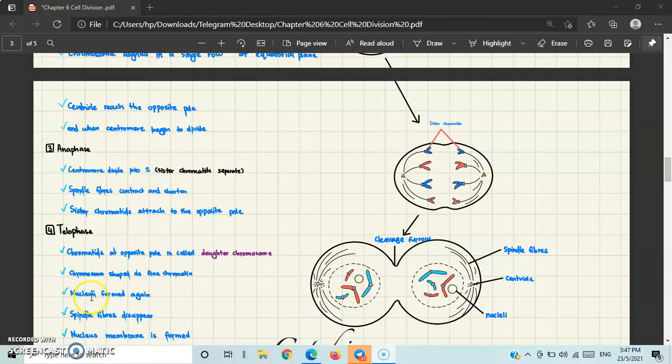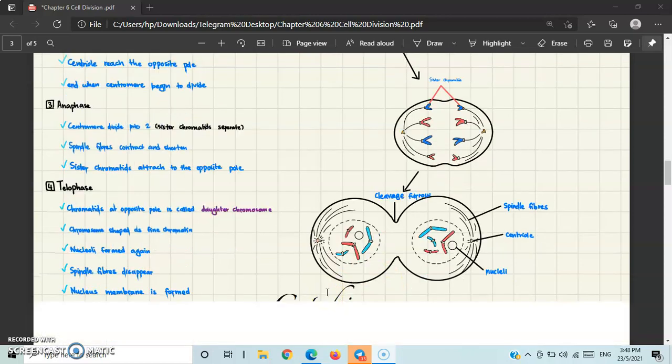The nucleoli form again, and the spindle fibers start to disappear. The nuclear membrane is formed.